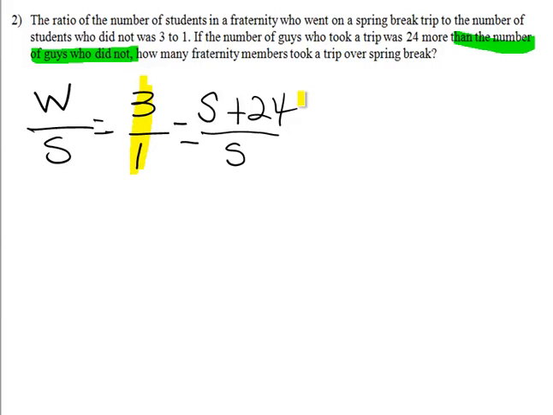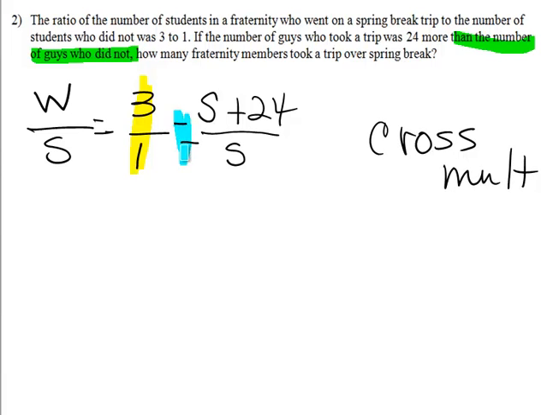So we can again use cross multiplication to solve for s. And again, I can use cross multiplication because I'm working across an equal sign. So this tells me that 3s equals s plus 24.